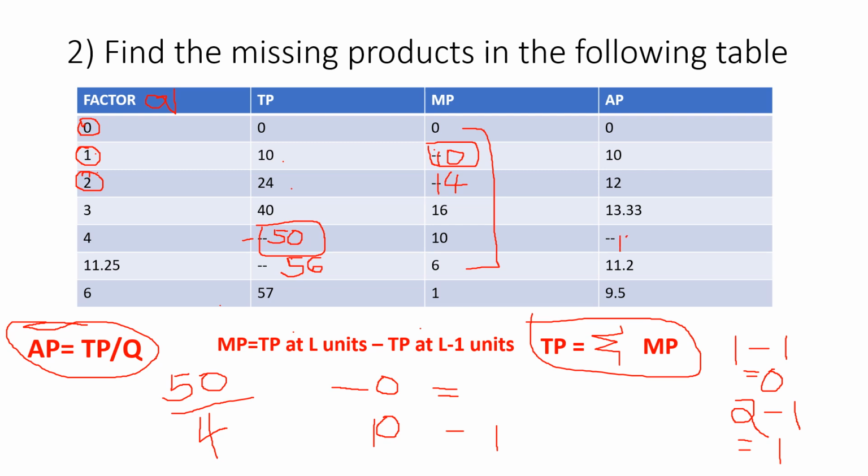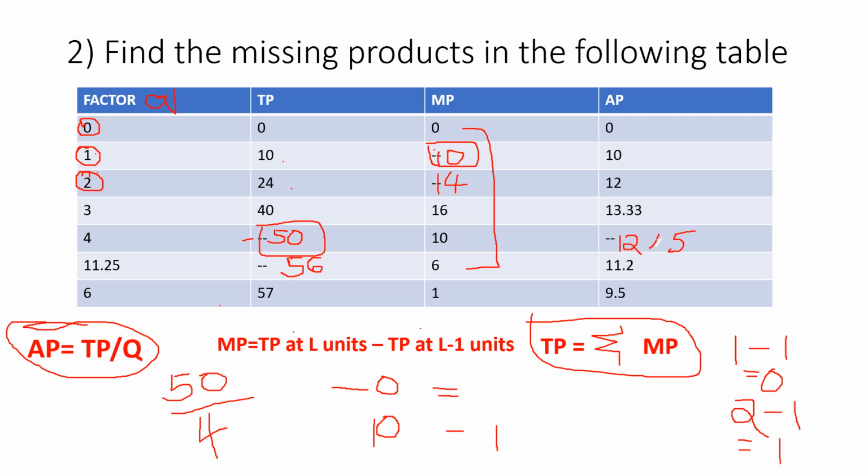So your answer is going to be 12.5. Alright, I hope this much is understood, the calculation of TP, MP and AP. Don't forget to draw the box and do the table properly. Draw the tables properly and highlight your answers.